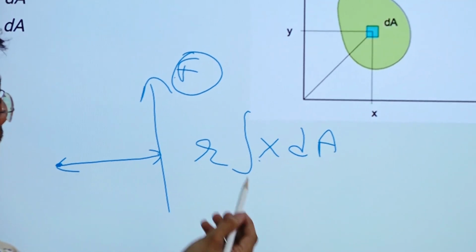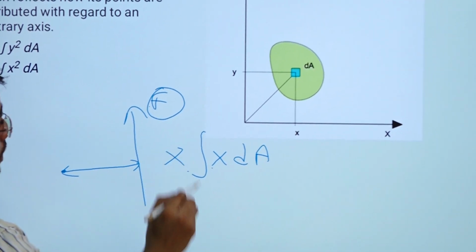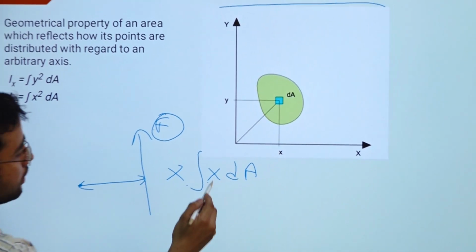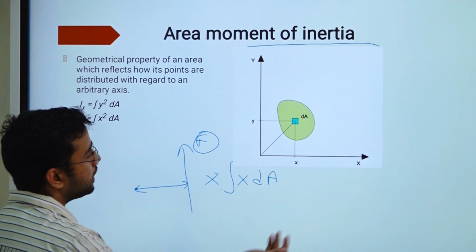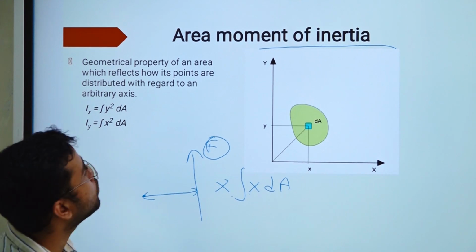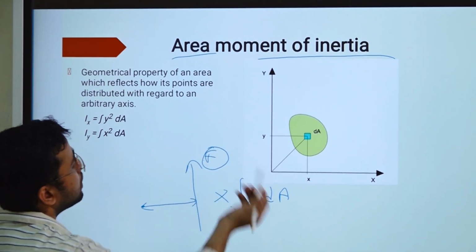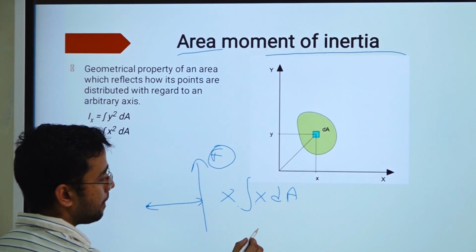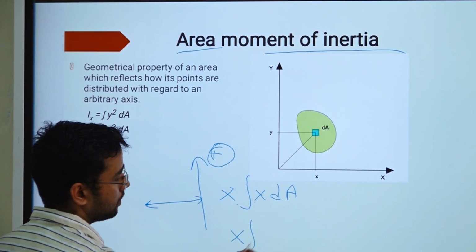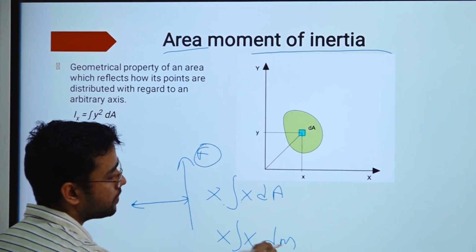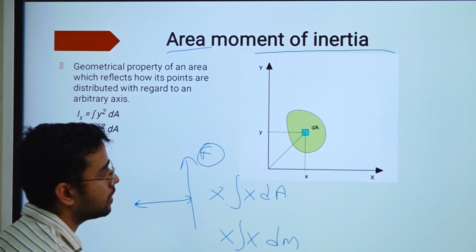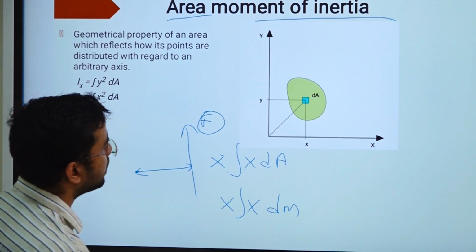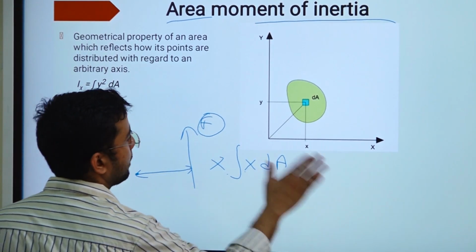Then x goes inside and it becomes x square dA. Or in place of dA, dm can come, then it becomes mass moment of inertia. Right now it is area moment of inertia. If mass comes, it becomes mass moment of inertia, but normally we are using only area moment of inertia.